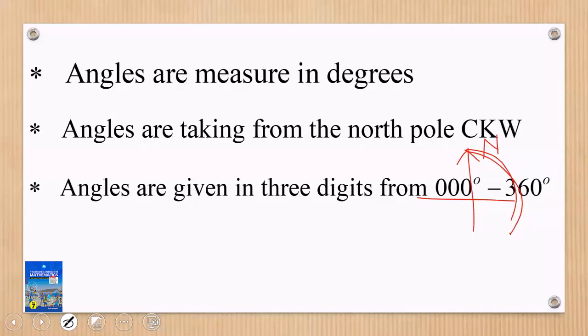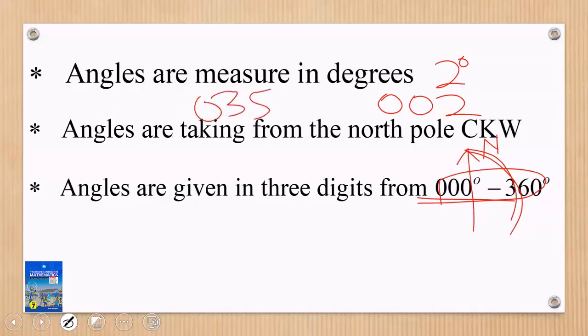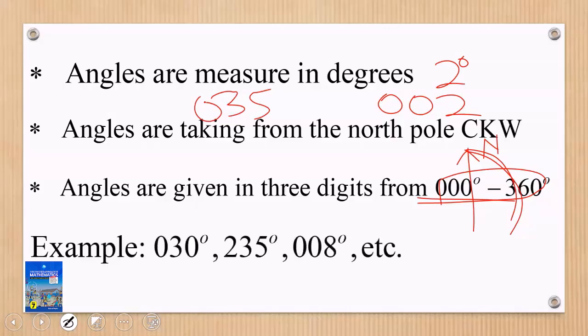And in this bearing, angles are taken in 3 digits. So if your angle is 2 degrees, you're going to write it 002. And if your angle is 35 degrees, you are going to have it as 035. Okay, then again, in three-figure bearing, we take the North Pole and we go clockwise direction alone.